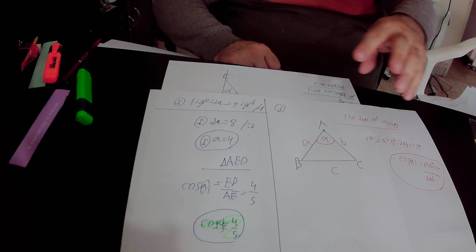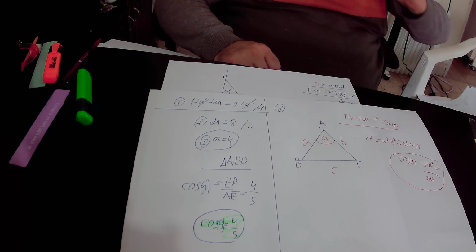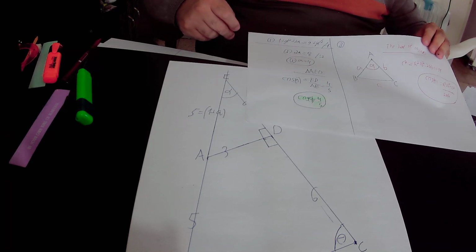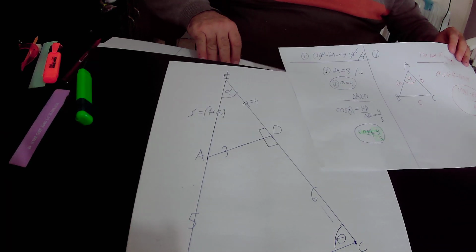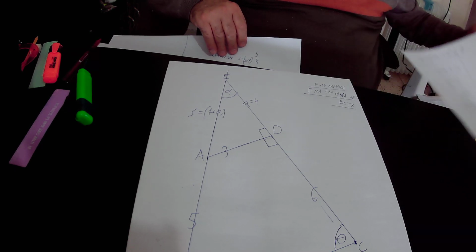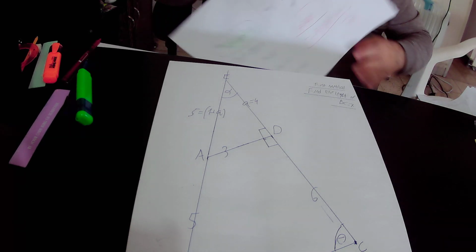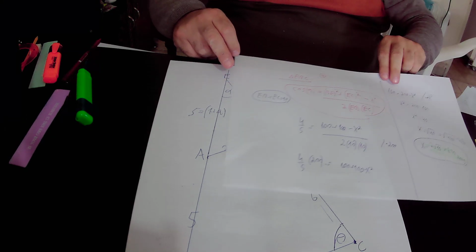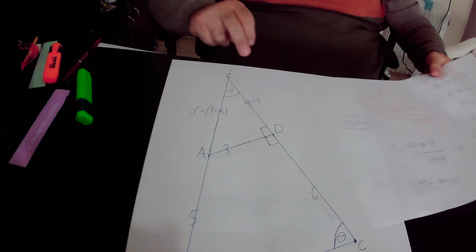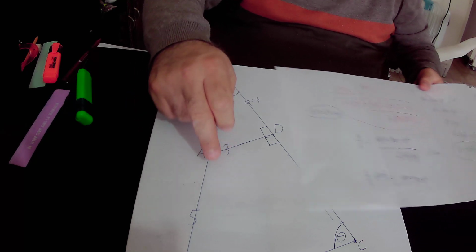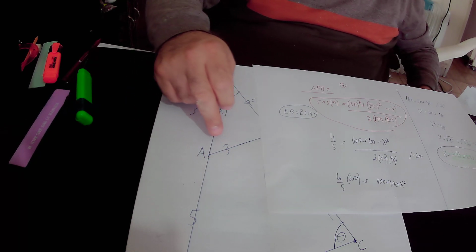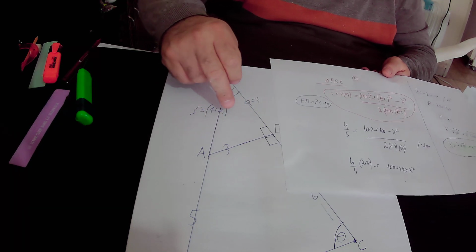Okay, so we can implement the law of cosines in our triangle ABC. So according to the law of cosines, cosine alpha in the right triangle ABC will be equal to A square plus B square minus C square over 2AB.